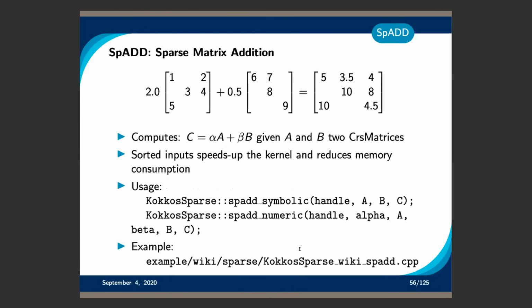Second kernel that I want to cover today is the sparse matrix addition. Here the idea is to compute an output matrix C, which is equal to alpha A plus beta B, given A and B two CRS matrices. For this kernel, having sorted inputs for A and B, and what I mean by sorted inputs is that the rows of A and the rows of B are sorted by increasing column indices, will speed up the call to the kernel.